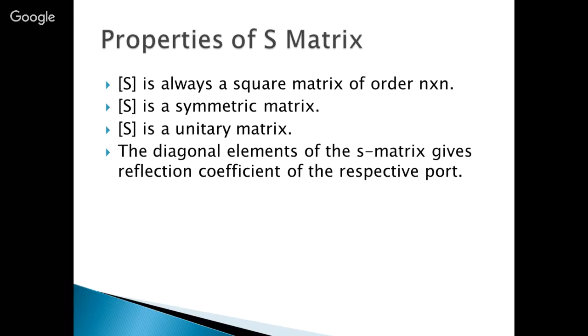The third property states that the S matrix is a unitary matrix. It means the S matrix multiplied with its conjugate will give the unit matrix. And the last property states that the diagonal elements of the S matrix give the reflection coefficient of the respective port.